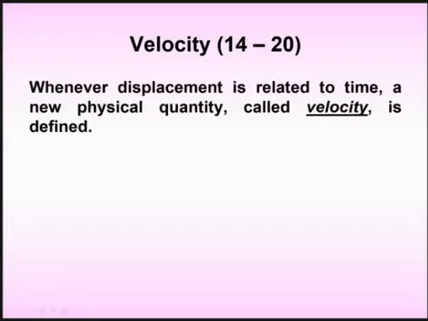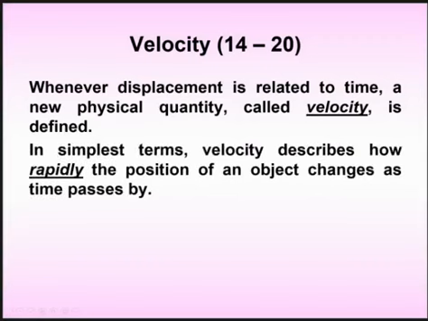When displacement is related to time, a new quantity is created. That's what we call velocity. So the definition of velocity: one way to understand it, it describes how rapidly the position of an object changes as time passes by.